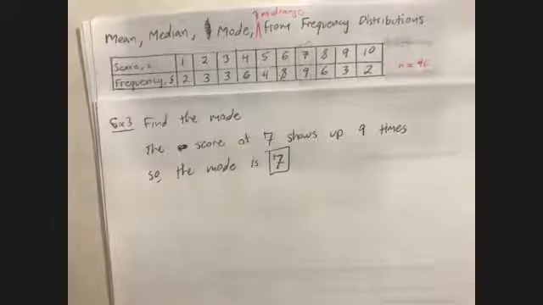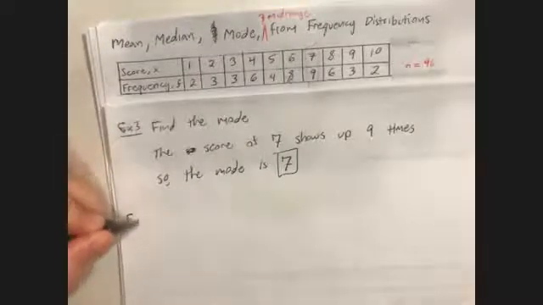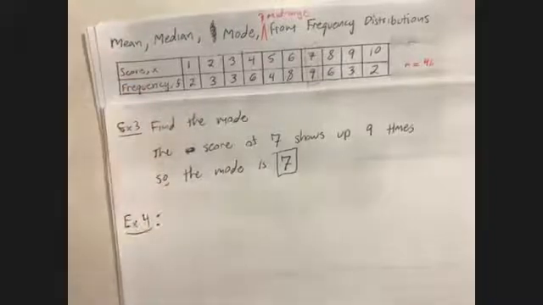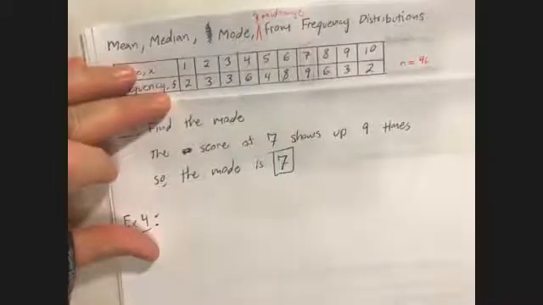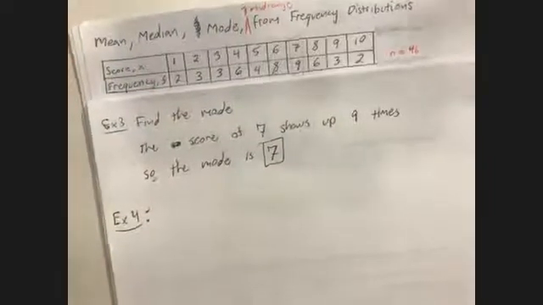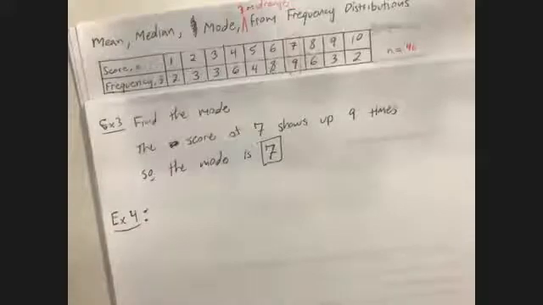And then if you're asked to find the mid-range, that's all there is to that. If you're asked to find the mid-range, all you have to do is take the biggest score and the lowest score.